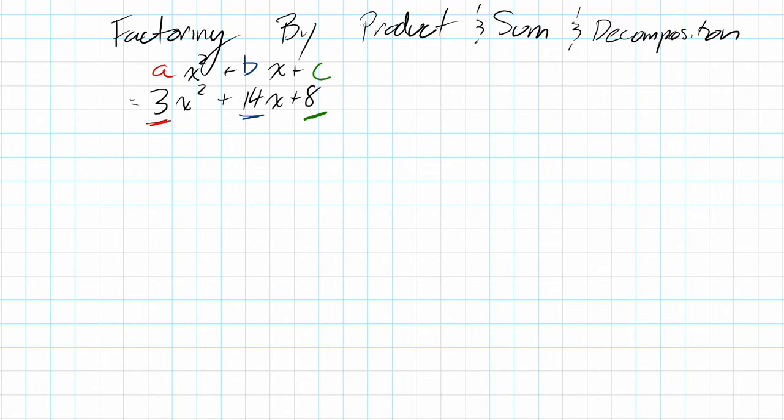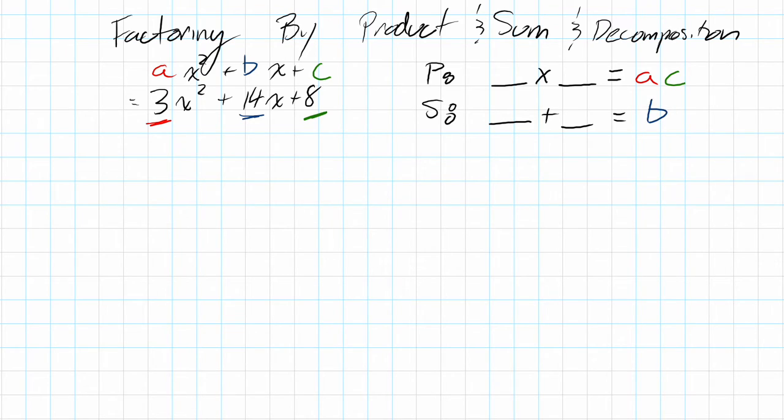What we're going to look for with the product and sum is, for the product piece, two numbers that multiply to whatever A times C is. So we actually have to find a product in that process. And for the sum part, those same two numbers are going to add up to what our B value is.